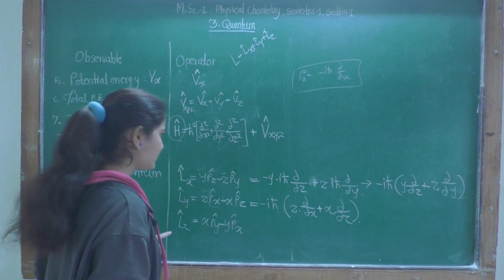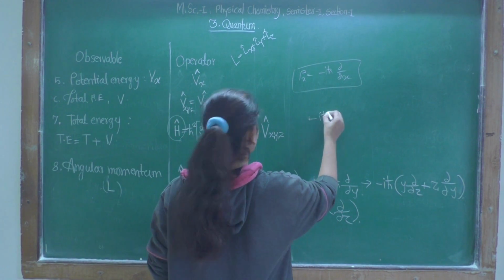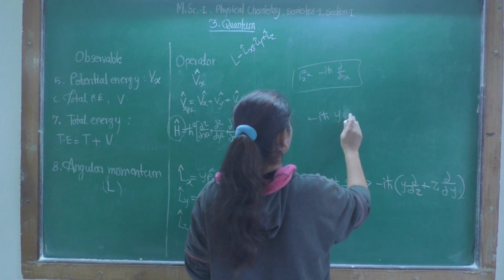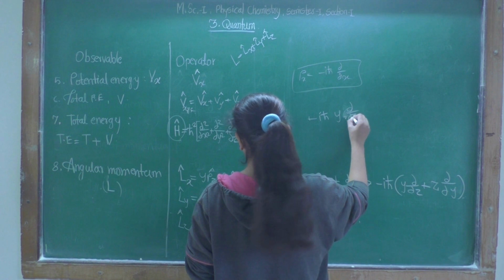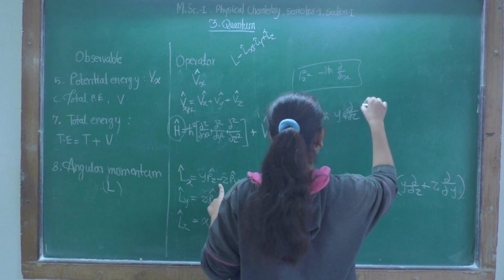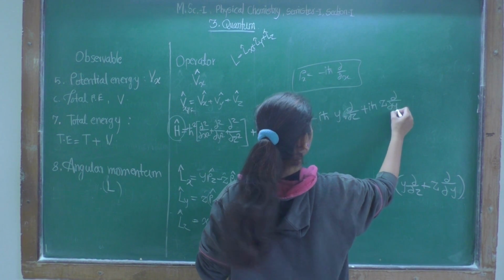Let me check again. See, minus iħ y ∂/∂z, and minus iħ becomes plus into z ∂/∂y.